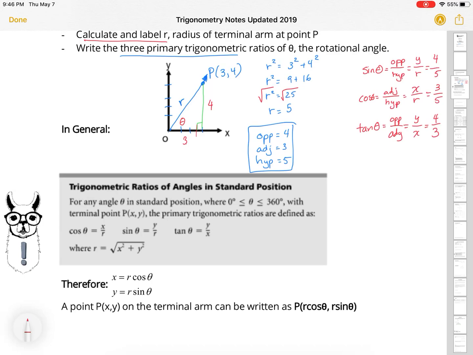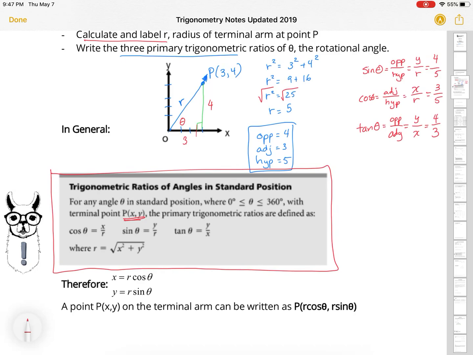Now, in general, the trig ratios of angles in standard position are as follows. For any angle theta in standard position, where theta is between 0 and 360 degrees, with the terminal point P(x, y), the primary trig ratios are defined as follows, and this is a very important box, so maybe put a big star around it.